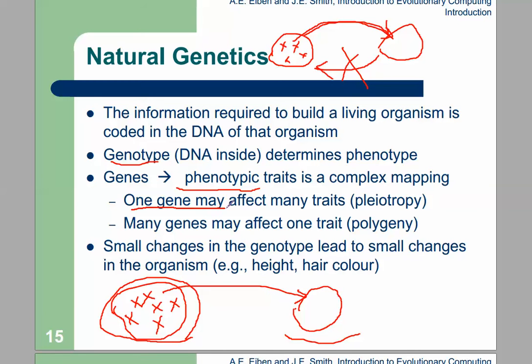And one gene may affect many traits, and many genes may affect one trait. A small change in a genotype causes a small change in the phenotype or organism, and it is related to biology.